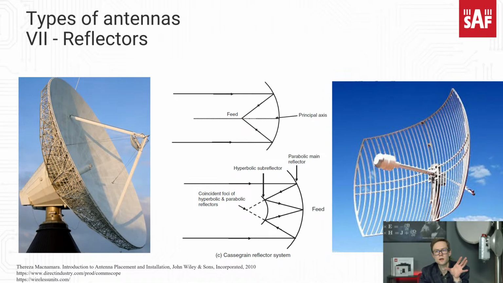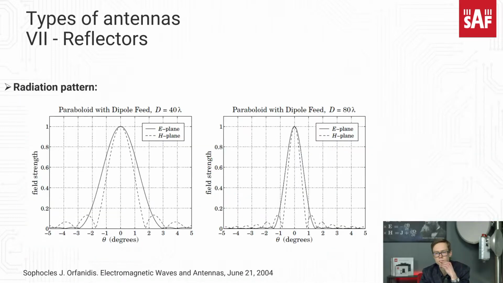Yes, and this is how the double reflector antenna could look. This is for some astronomical applications. The radiation pattern is more or less similar in both planes, in the elevation plane and the horizontal plane, and you can see that it differs.